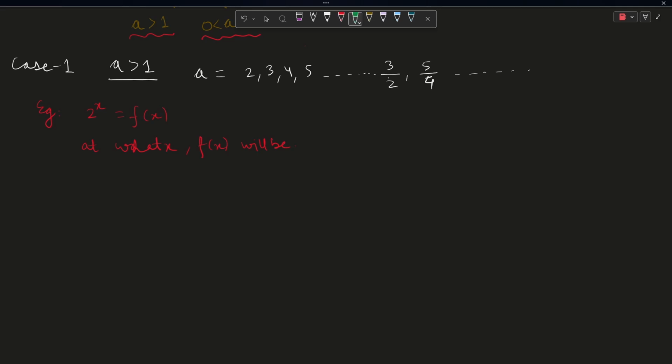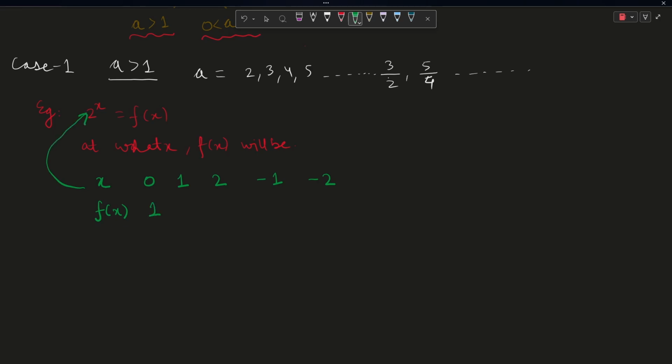Let's make a table with x here and f of x here. Let the values of x be 0, 1, 2, -1, and -2. And correspondingly, just put these values of x in this function to get the f of x values.